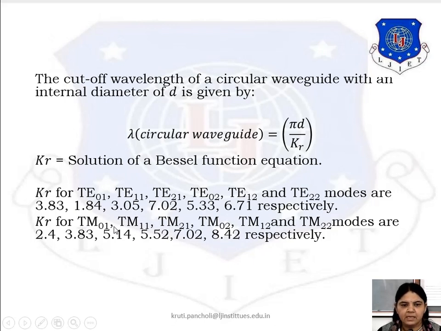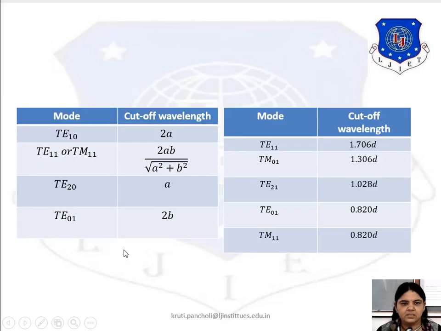Kr for the TM01, TM11, TM21, TM02, TM12 and TM22 modes are 2.4, 3.83, 5.14, 5.52, 7.02 and 8.42 respectively. This is the table for the mode and the cutoff wavelength. You can remember these equations for writing down the answer with very little calculation.